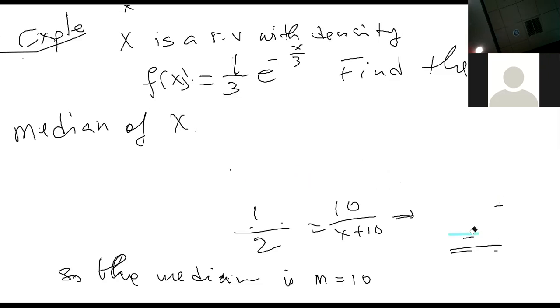If we are given the density, we need to find the cumulative distribution function.